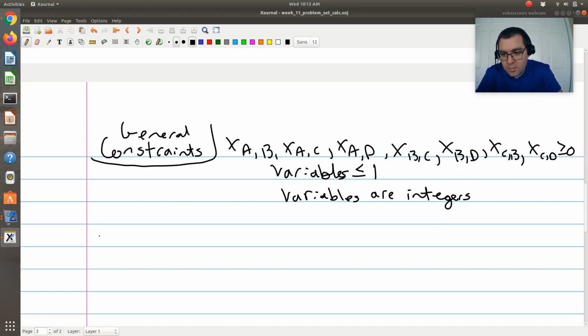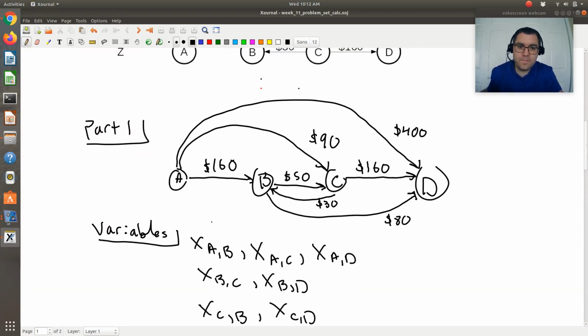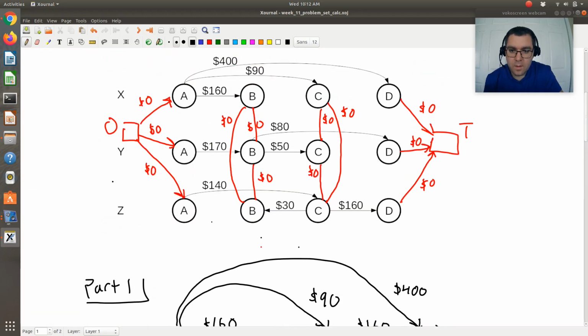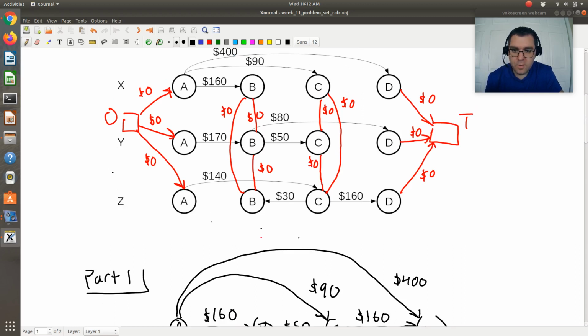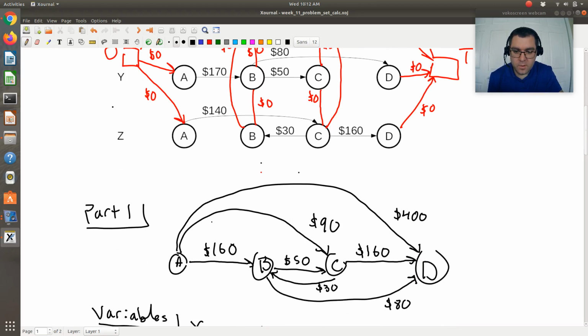And then next, in terms of constraints, we're going to have our node balances. So what do we mean by node balances? Let me go to my simplified picture.